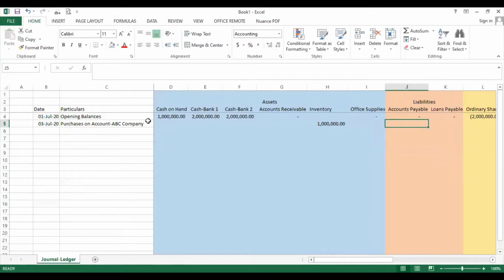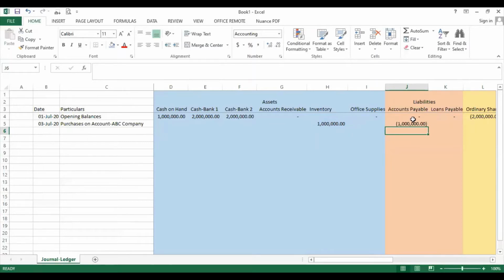So to do that, you just press negative sign and click the amount in inventory. Our purpose of doing that is that if we wanted to have changes in inventory, the amount here will automatically change.